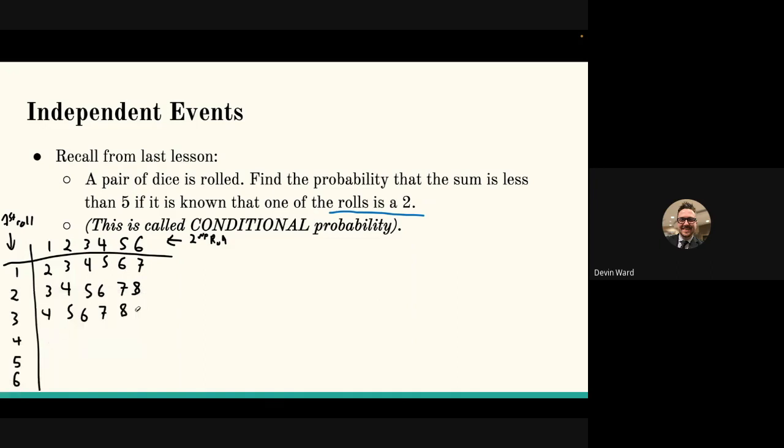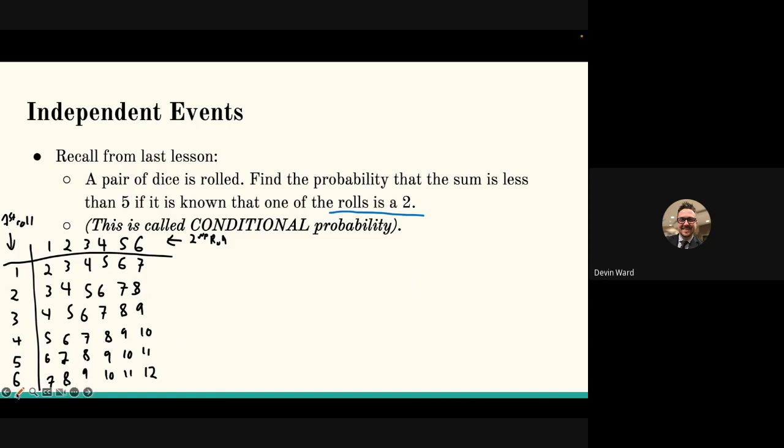I should move this 9 over a bit too, just to space them a little bit. 9, 5, 6, 7, 8, 9, 10. Then we'll have 6, 7, 7, 8, 9, 10, 11, 8, 9, 10, 11, 12.